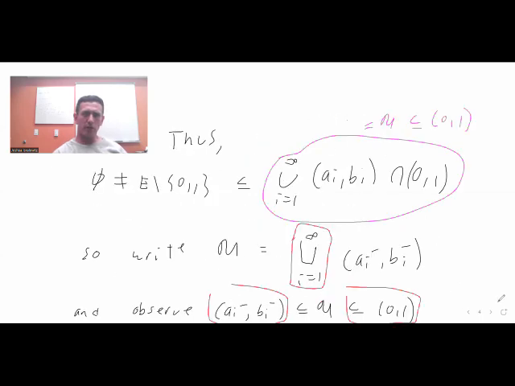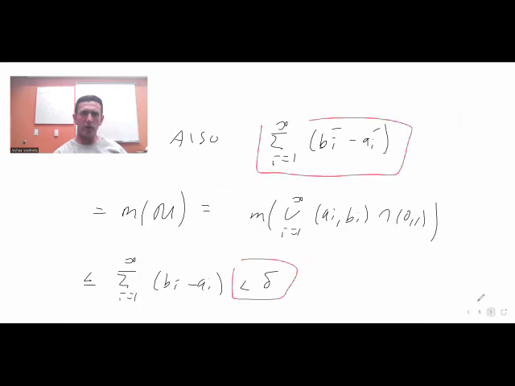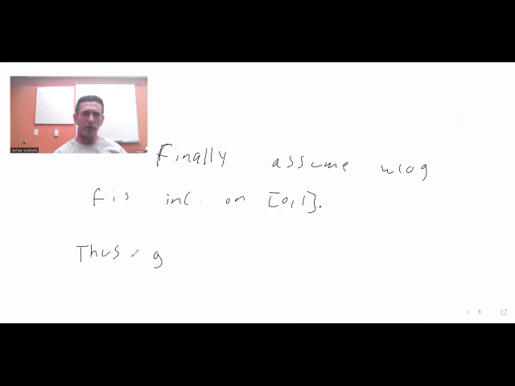So, G of E take away (0,1). Let's just do this all in one shot. The outer measure of G of E take away (0,1).